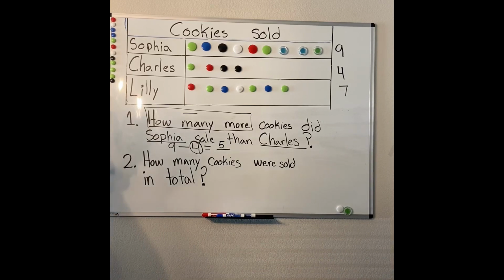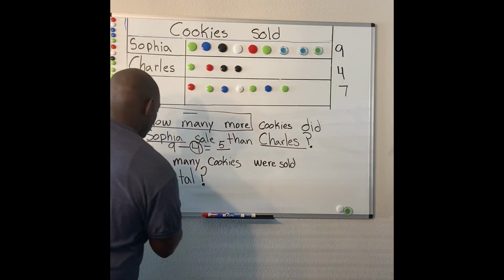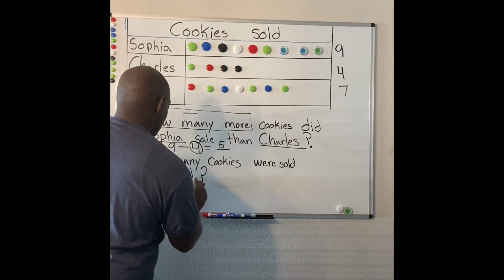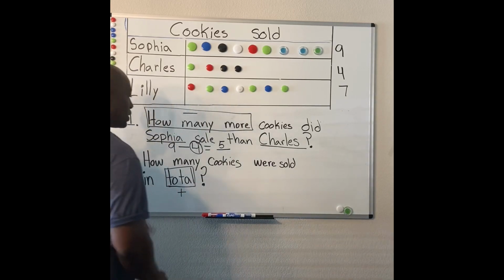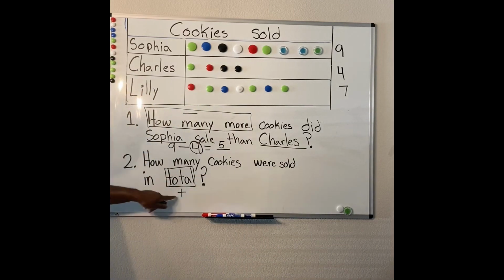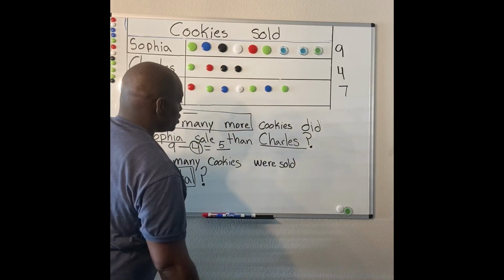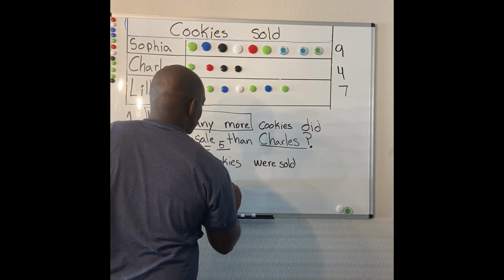Now, this one. How many cookies were sold in total? Well, total means everything. You're combining 2 or more groups to give you everything. So you're adding. So we always do our number sentence with the big number in front.